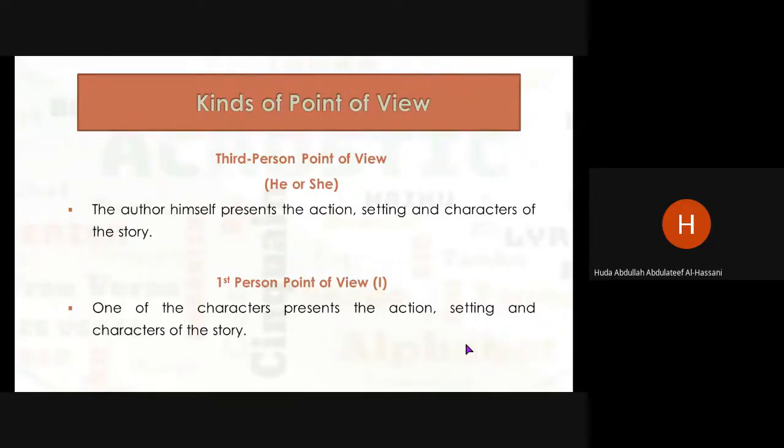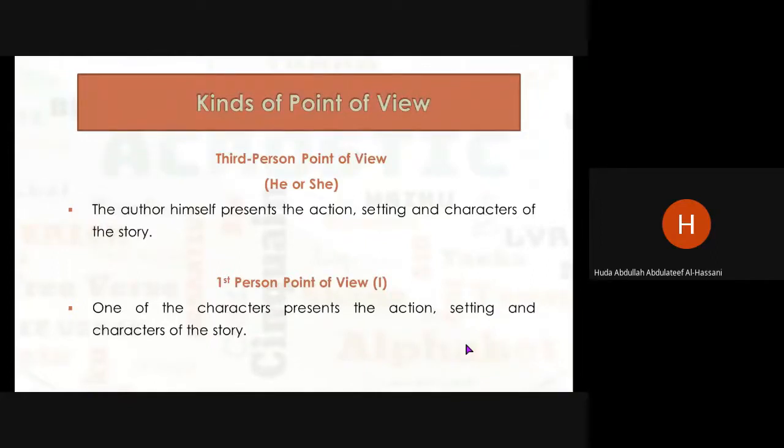However, with the first person point of view, also I have an author. It is me, the author, who will write. However, I will write according to the point of view of one of my characters. For example, my hero is a girl, and this girl will present her life in my story.